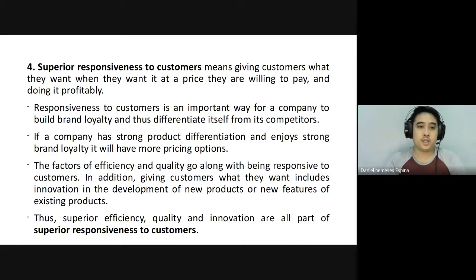So all of the three mentioned, superior quality, superior efficiency, and superior innovation, can still be part of the superior responsiveness to customers, because efficiency, quality and innovation are actually giving customers what they want. That's why number one, two, and three are also part of superior responsiveness to customers.